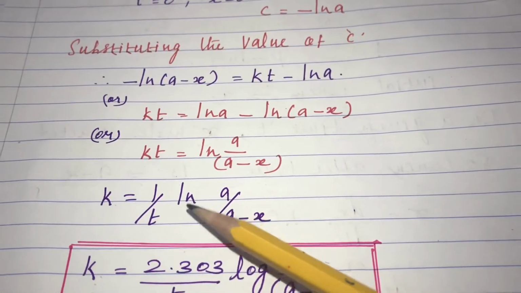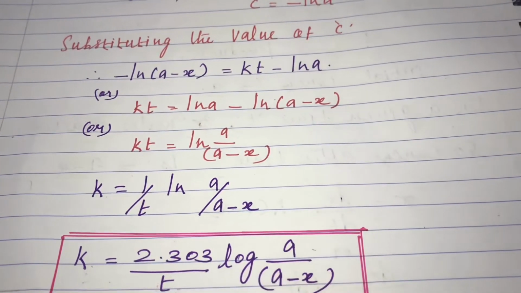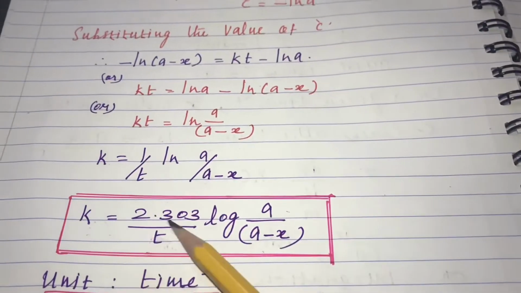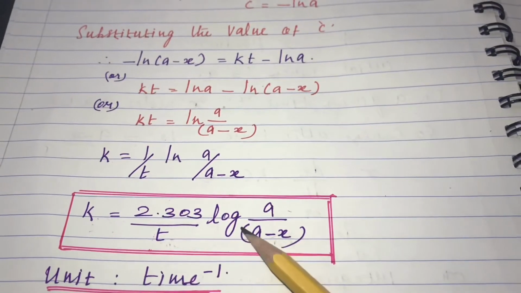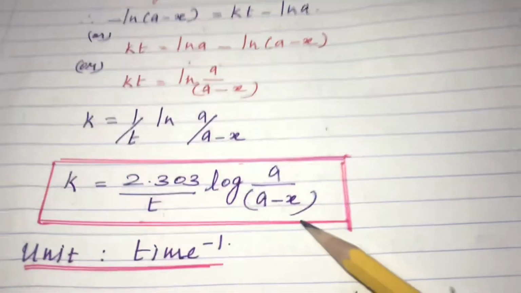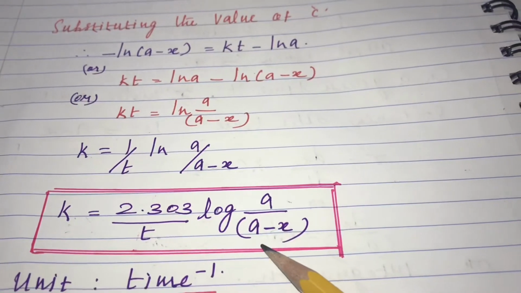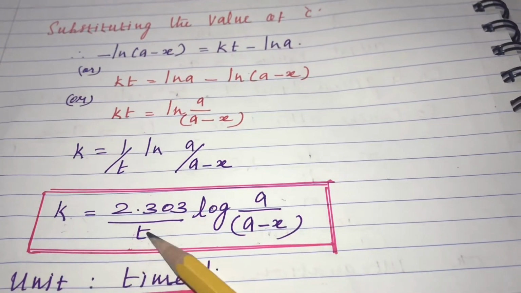Converting the natural log to base 10 logarithm, K is equal to 2.303 by t log of a divided by (a minus x). Here a is the initial concentration, and a minus x is the concentration at a given time t.